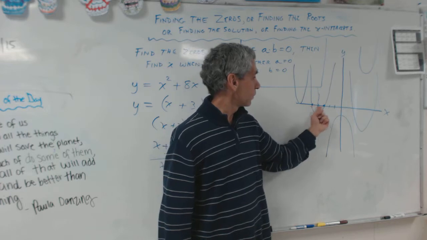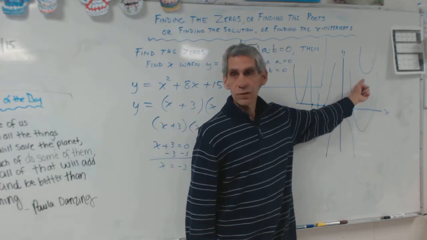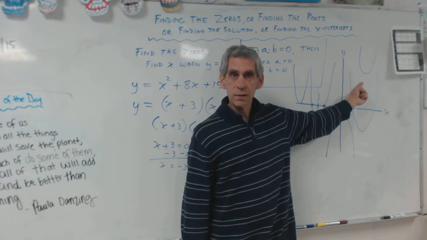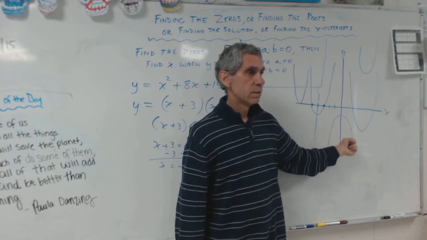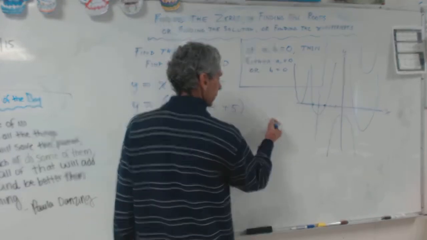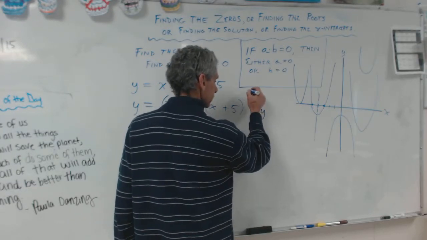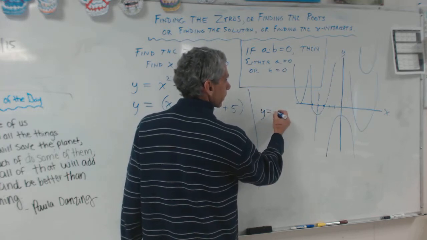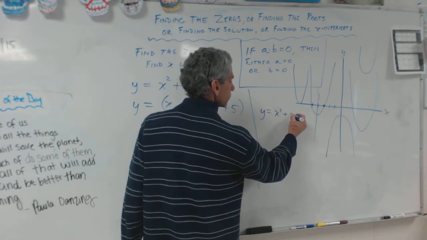There's two solutions for this parabola, two for this parabola. Oh, this is interesting. How many solutions for that parabola? None. How many solutions for this one? None. It doesn't cross. What about this? What if I had y is equal to x squared plus 2?